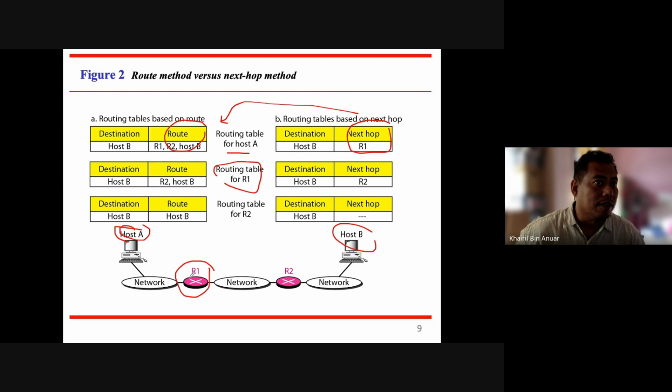But this is on a single network. Just imagine that you have multiple networks, multiple connections. Your routing table will be huge. The memory of your routing table, a few years ago, because the devices were not that powerful and had very limited storage, would be very troublesome because it needs much more memory capability.